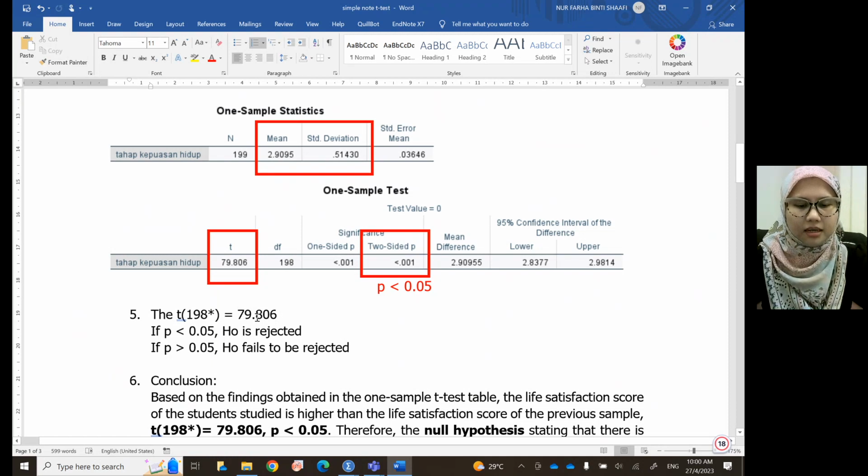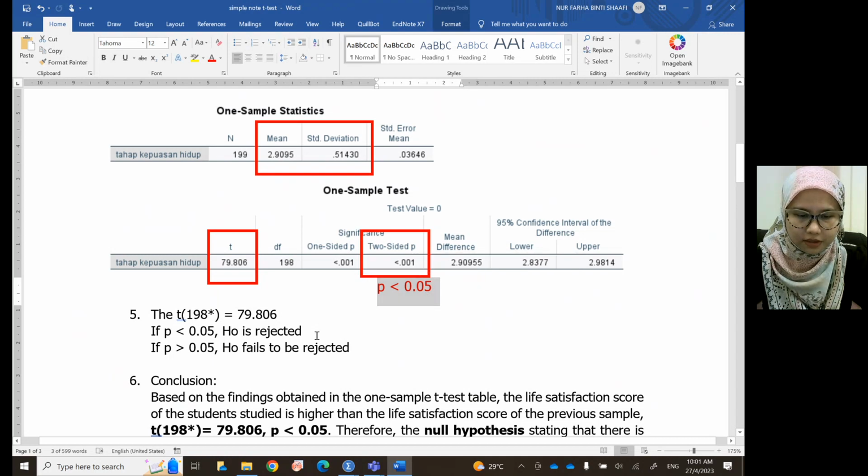All right, but how can we decide whether we want to reject or fail to reject the null hypothesis is you need to look at the two-sided P here. Okay, the significance value for the two-sided P here is less than 0.05. Okay, your value here is 0.001, which is less than 0.05.